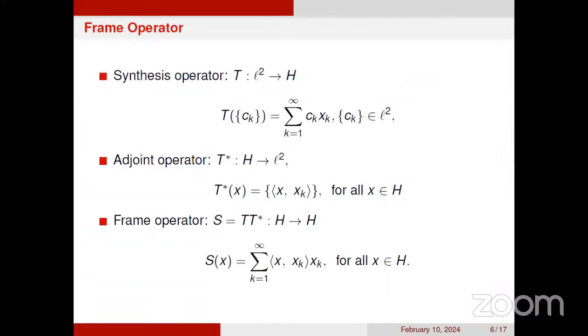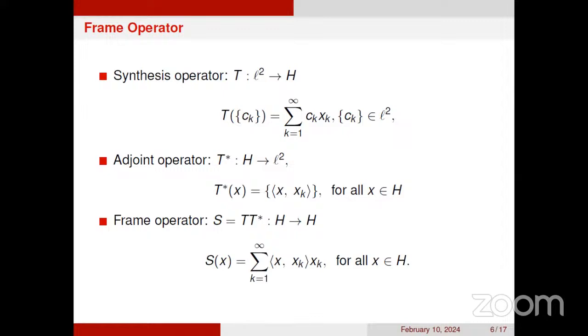Next are some operators. The first one is the synthesis operator, which is defined from ℓ2 to Hilbert space H, which takes a sequence in ℓ2 to a series sum of CK XK, where K is from 1 to infinity.